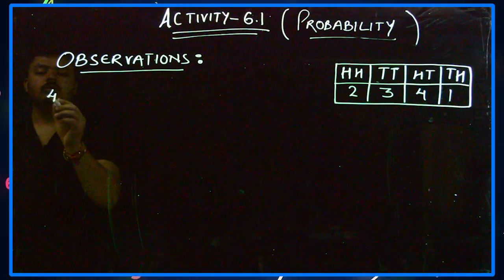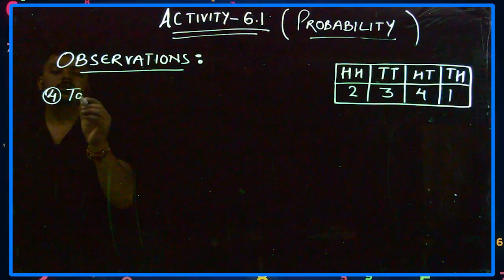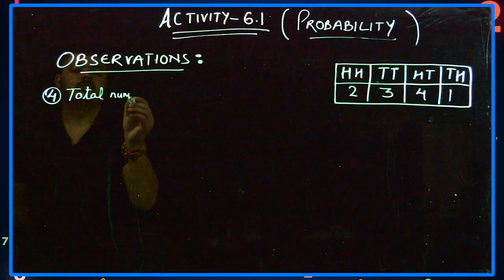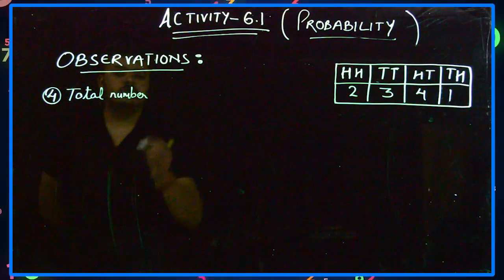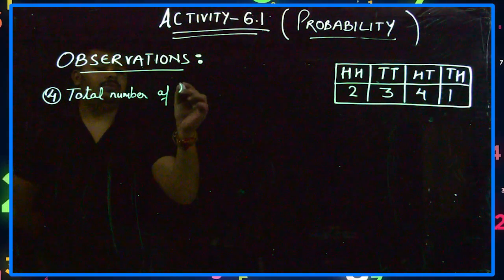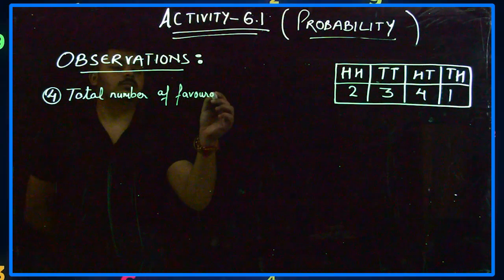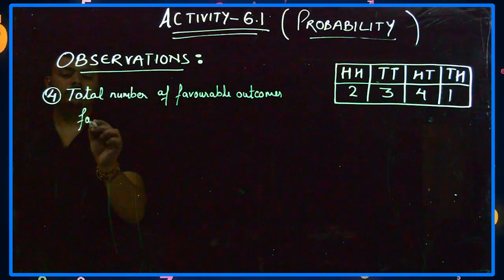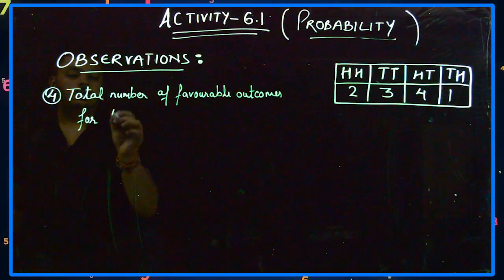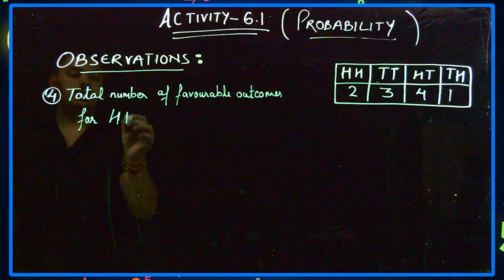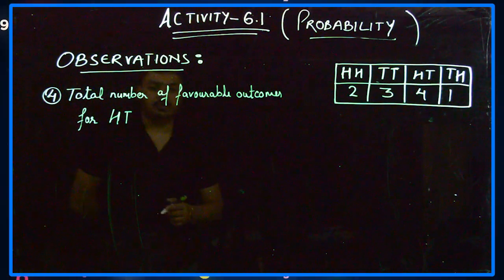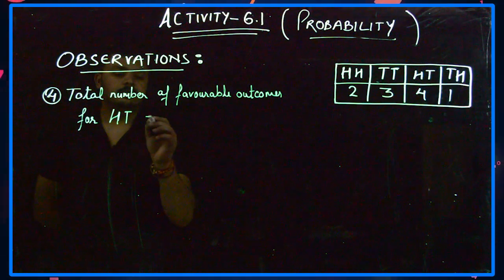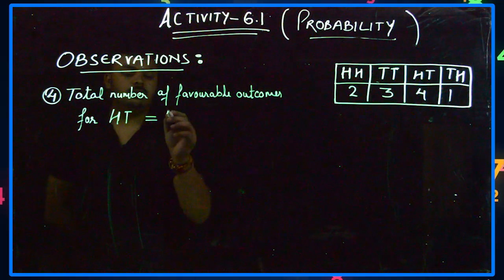Now observation 4, total number of favorable outcomes for head and tail on one card, that is head on one side and tail on the other side, is equal to 4.